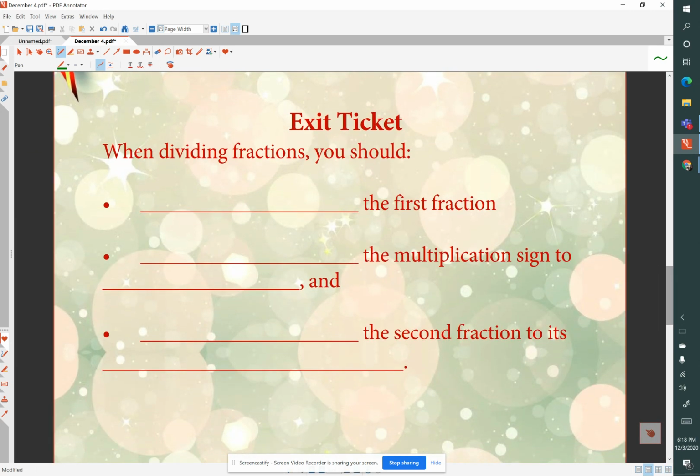So when dividing fractions, you should keep the first fraction. You should change this should say division. Oops, mistake. Change the division sign to multiplication.